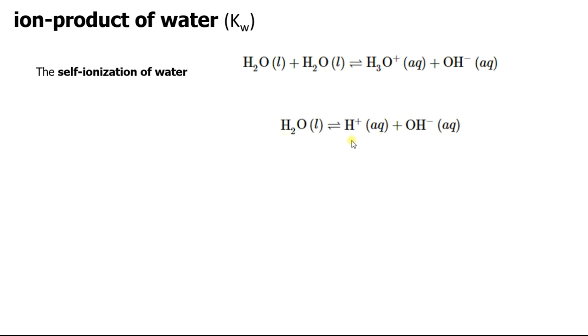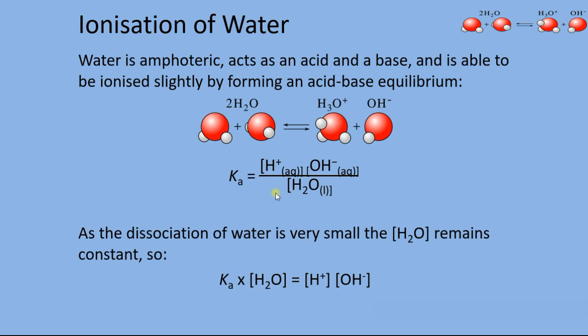We can write an equilibrium constant for even this ionization, and that is given a special symbol, Kw. I'll explain how that works. Initially you write Ka assuming water as an acid as well as an alkali. It's amphoteric, which means it can act as an acid as well as an alkali.